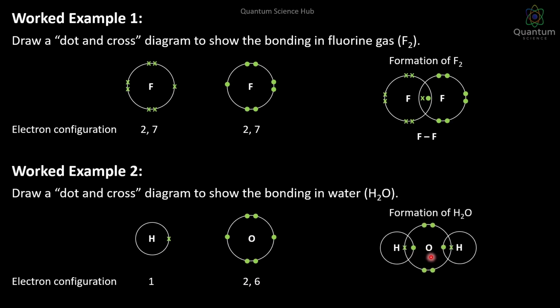We need 2 hydrogen at left and right and oxygen in the middle, and they are sharing 1 pair of electrons. So in this case, hydrogen will become stable because the valence electron is 2, while oxygen will also become stable because it contains 6 electrons from itself and 7 and 8 at the end.